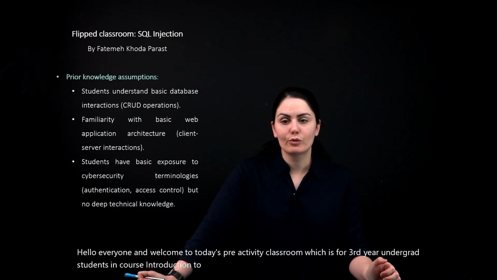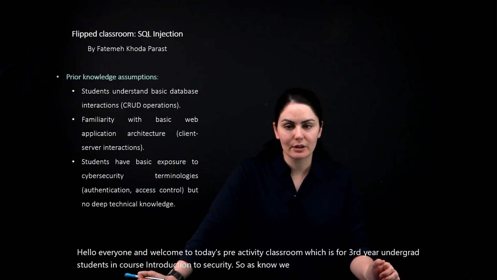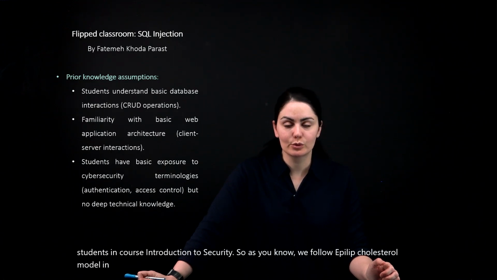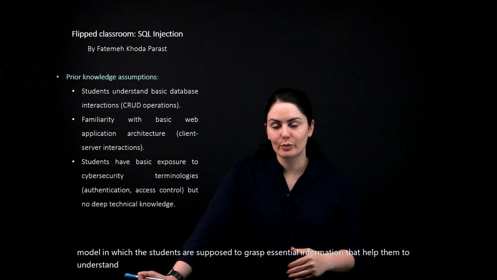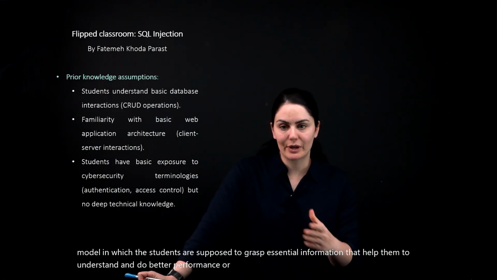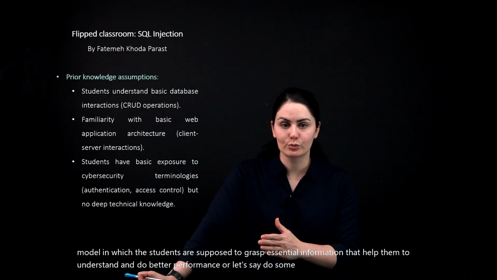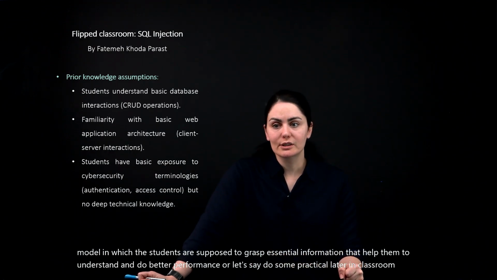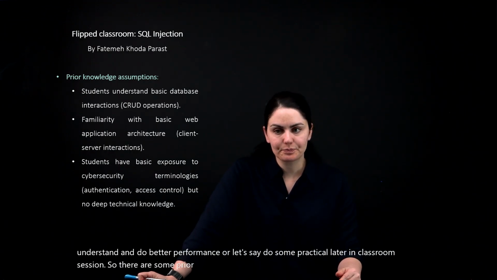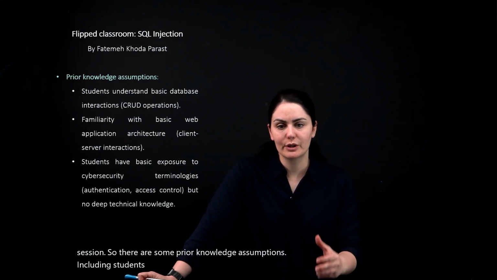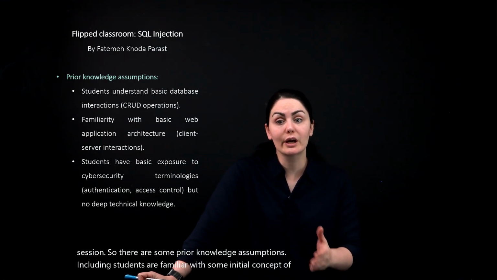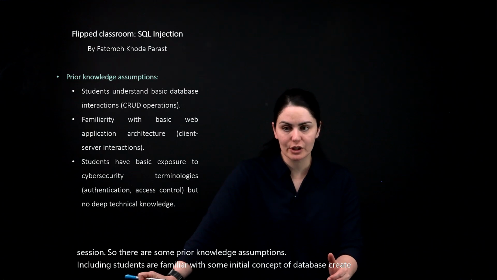As you know, we follow a flipped classroom model in which the students are supposed to grasp essential information that helps them understand and perform better, or do some practical work later in the classroom session. There are some prior knowledge assumptions, including that students are familiar with initial database concepts, such as create, read, update, and delete operations.